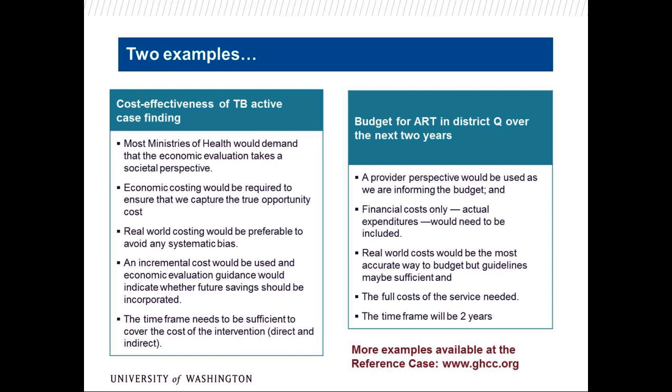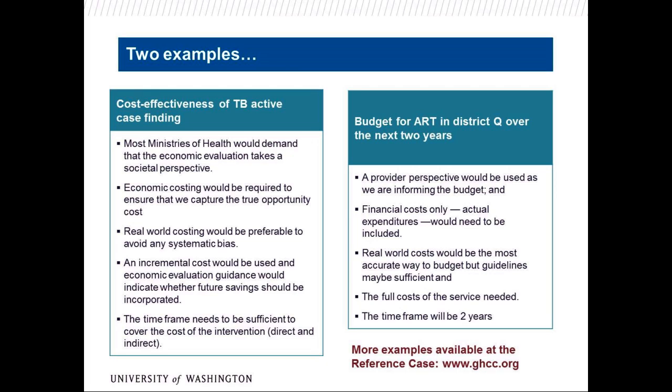So let's go to an example. There's the cost effectiveness of TB active case finding. Most ministries of health would like an economic evaluation for that, and so you would use economic costing because you want to capture the true value of all resources being used. It would be real world costing to see what is actually occurring.